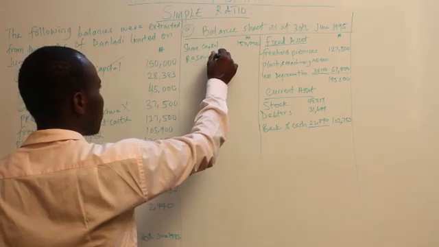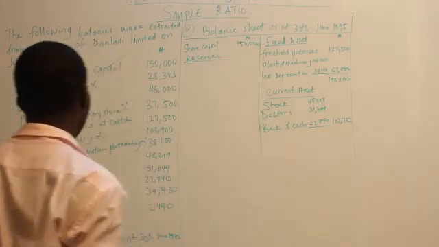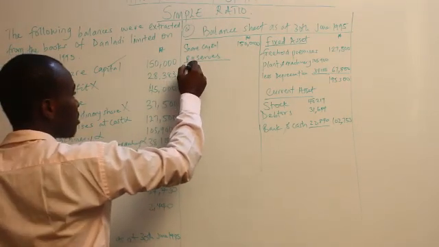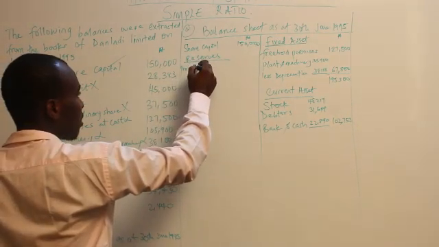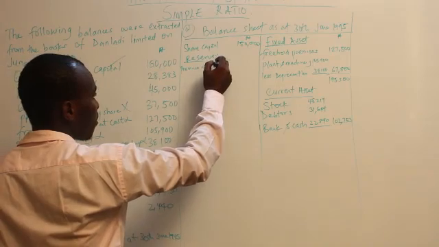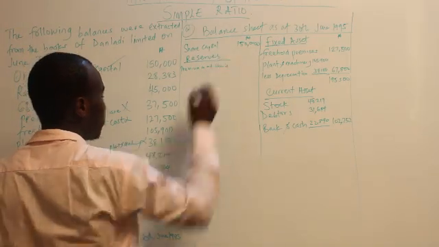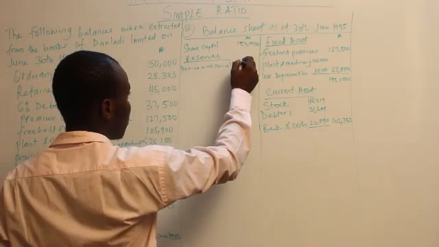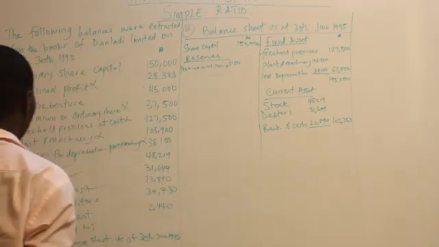Do not forget, premium on shares is a reserve. Premium on ordinary shares is 37,500.